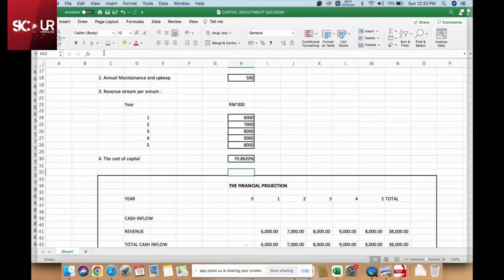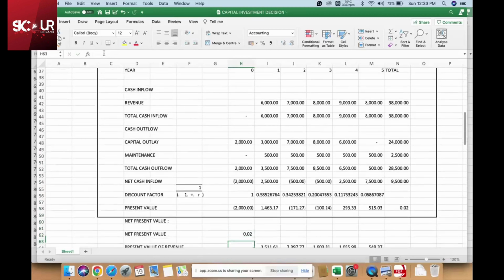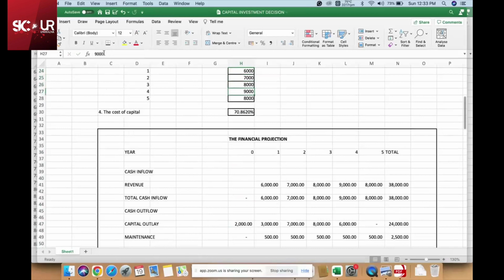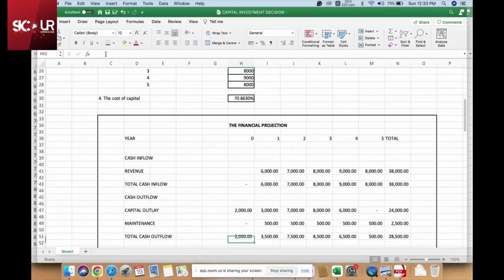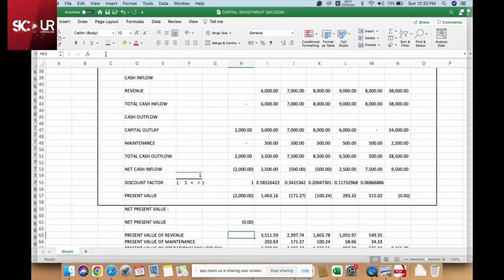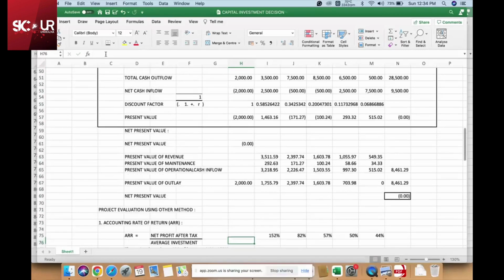Yes, just one more point. This is right. Okay, we got it exactly now. It is 0. So what is the IRR? It is 70.873. So this is the actual rate of return of the project.